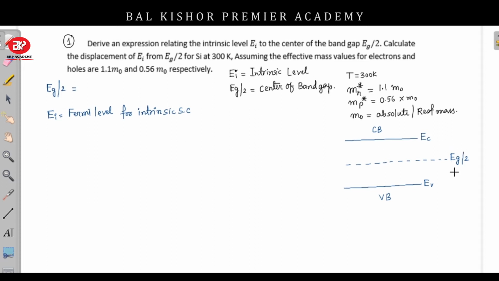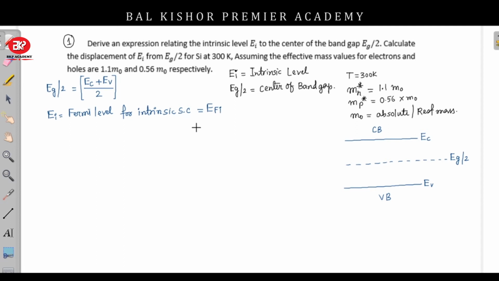Now this Eg/2 can be written, from this diagram you can see, as EC plus EV divided by 2. We can write this as the middle of the band gap. Now this Ei is nothing but the intrinsic Fermi level of the semiconductor.